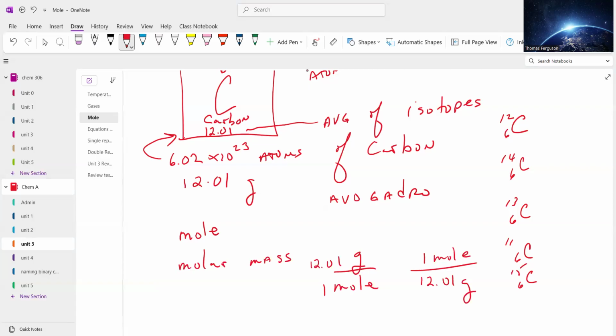So molar mass, another conversion factor. Now that's based on the elements specifically.